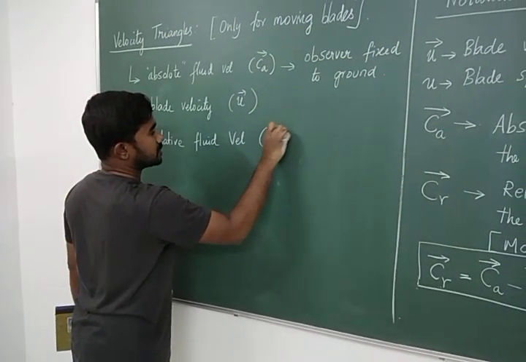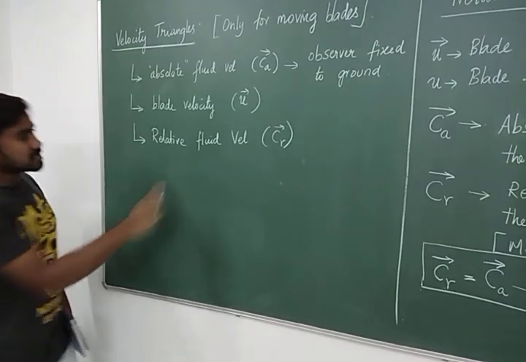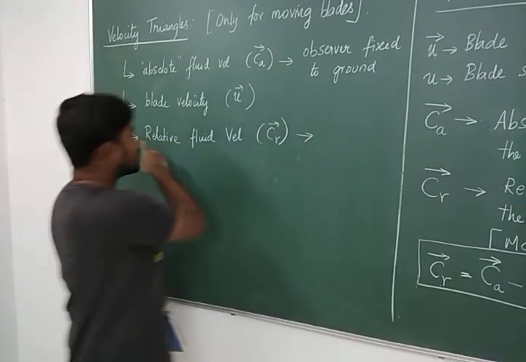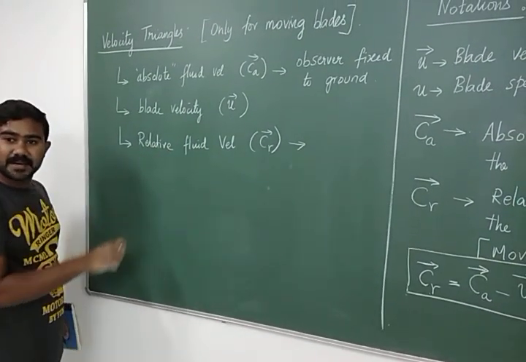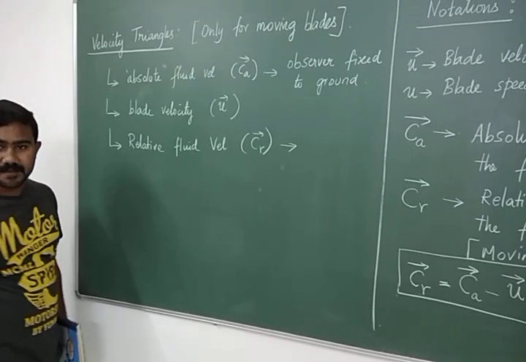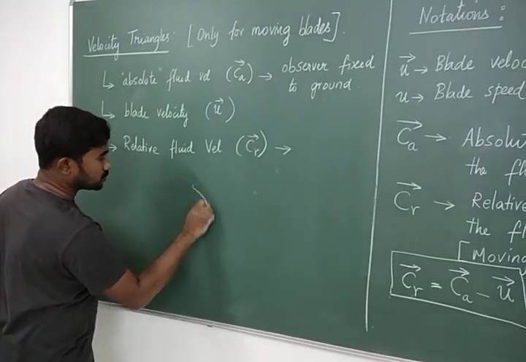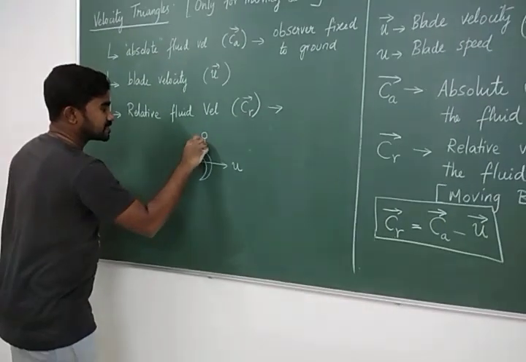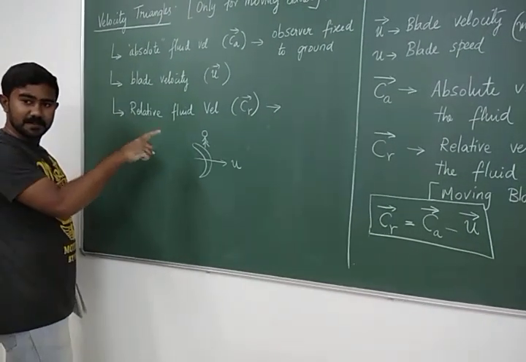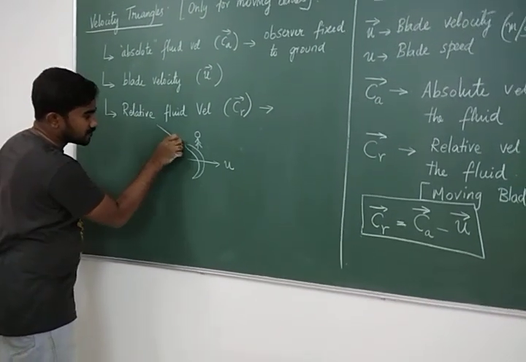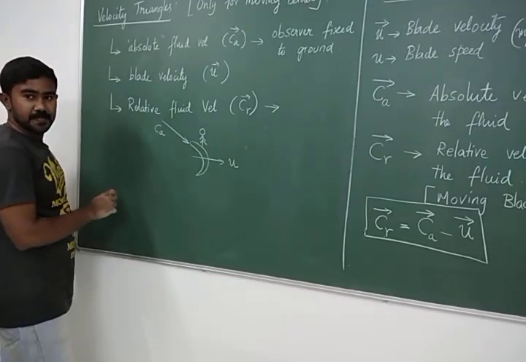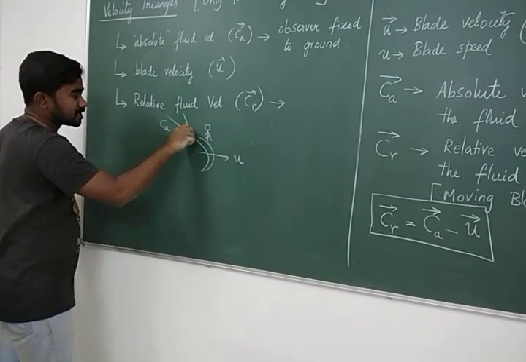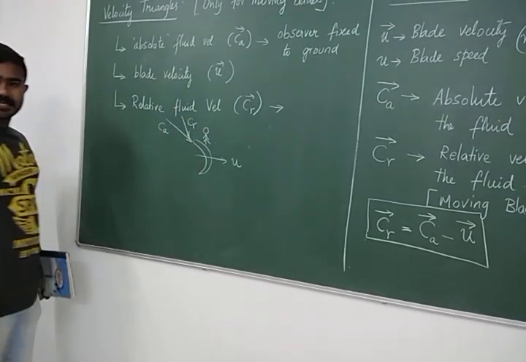We denote it by CR. Now this will be the velocity of the fluid as seen by an observer who is traveling with the blade. If the blade itself is moving with a velocity of u, and there is an observer standing on the blade, he will not see the fluid coming at CA, but he will see the fluid coming at some other velocity, which we call CR.